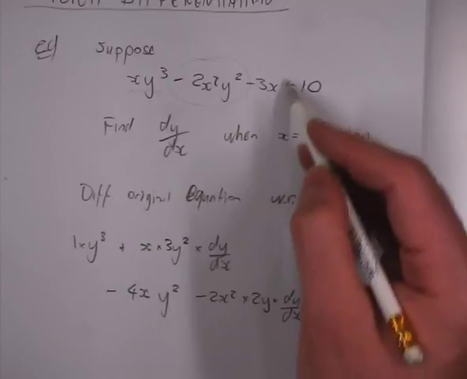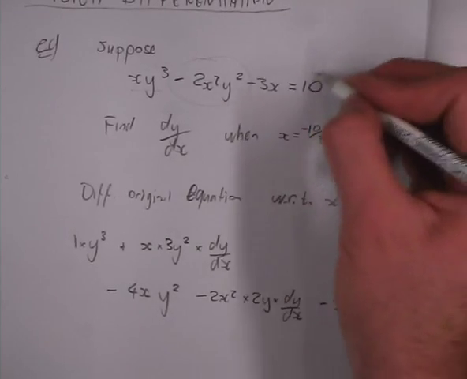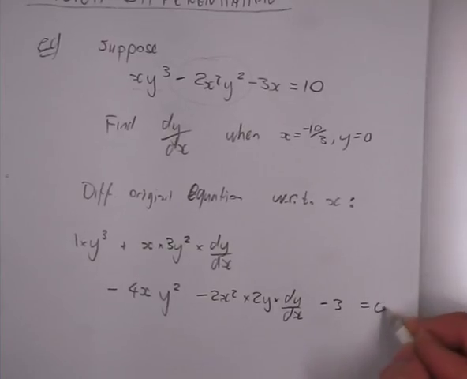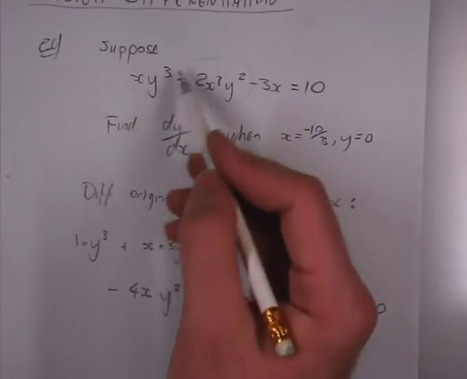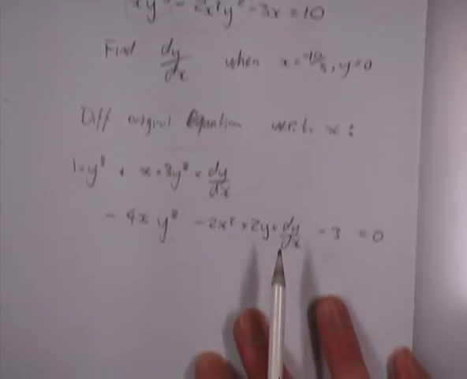Finally, the differentiation of that with respect to x is minus 3, and the differentiation of that with respect to x is 0. Okay, so now each part of it, these two parts I had to use the product rule for, but each part of it I have now differentiated.